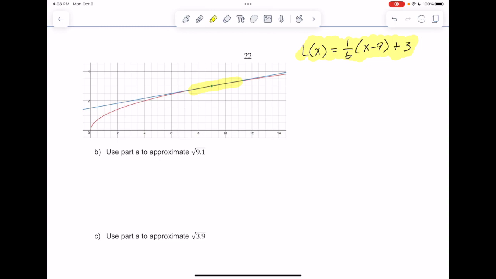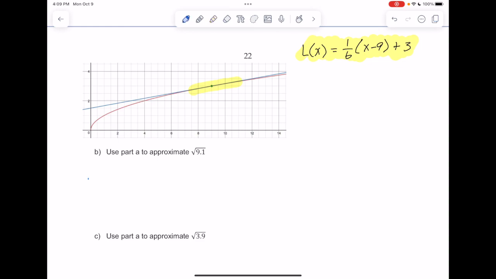So if they asked us to approximate the square root of 9.1, and instead of putting that into our calculator, or instead of plugging it into the original function, we just plugged it into the linear approximation, we should still get a pretty good answer. So that's what we're going to try and do here.